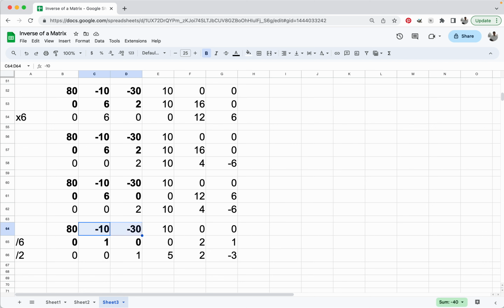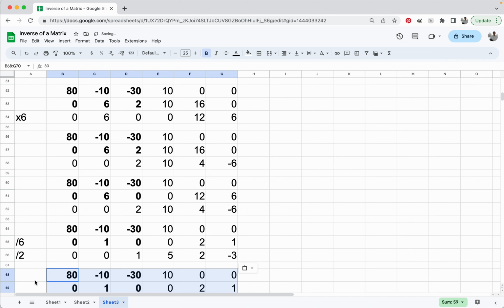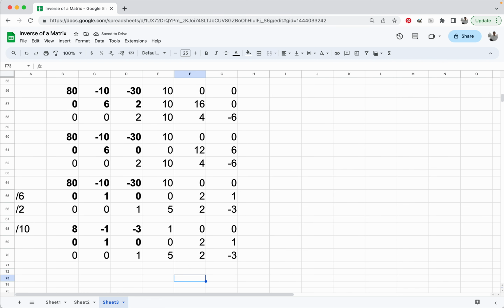This should be made 0, this should be made 0. More than that, there is something to simplify. I divide row 1 by 10. This will become 8, this will become minus 1, minus 3, 1. Okay. Now my job is simple.